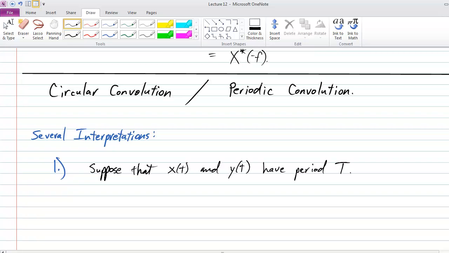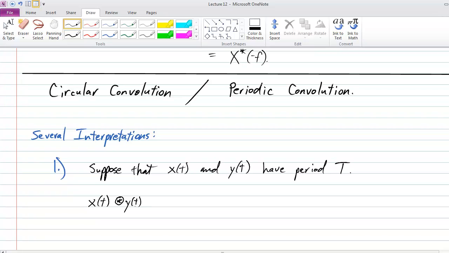But we can define the circular convolution in this case to be, we write x of t convolution with the circle around it. In this case, the name periodic convolution is justified. I usually hear it referred to as circular convolution, but it can go by either name, and for this motivation, periodic convolution seems to make sense.